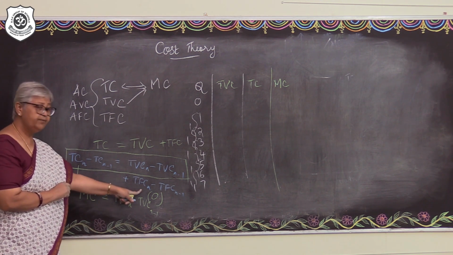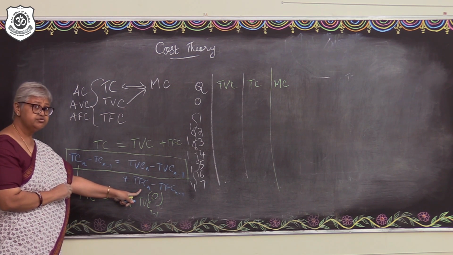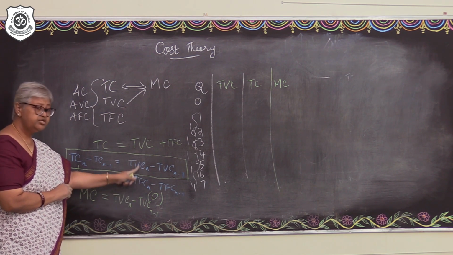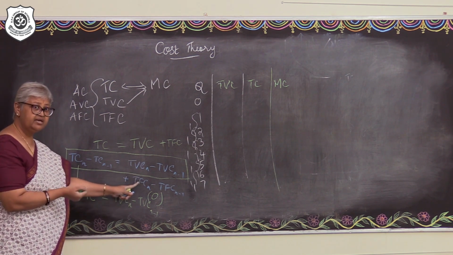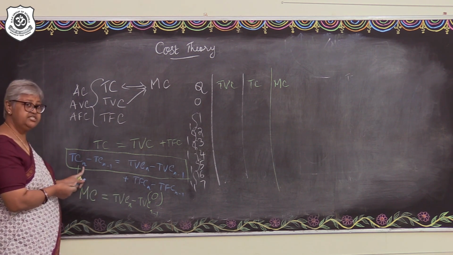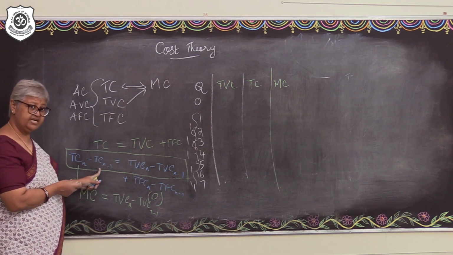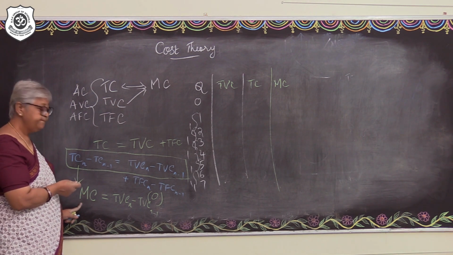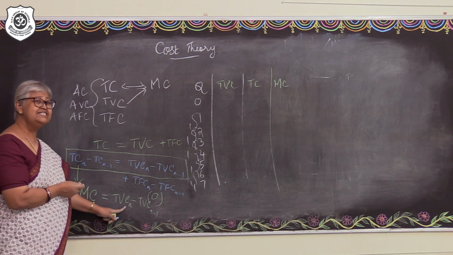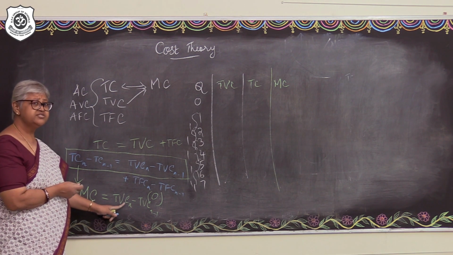Why? Because for the other component there is no change, zero change. So you add 0 or don't add 0, what difference does it make? So this TCn minus TCn-1, which is ideally MC, can be understood as the change in the total variable cost.